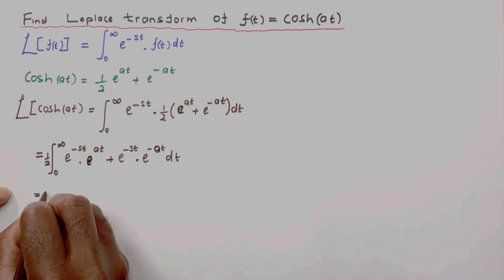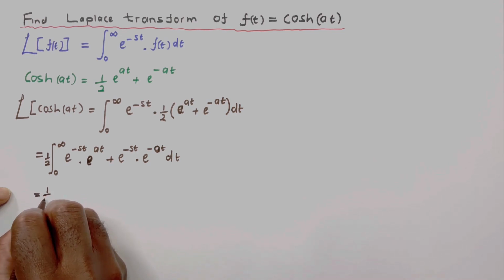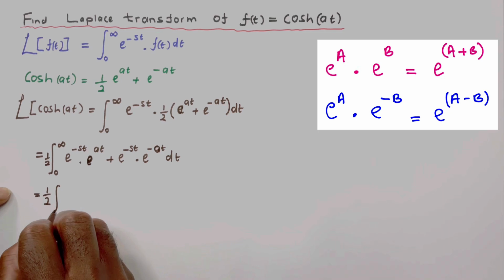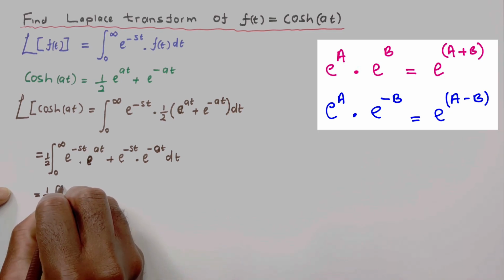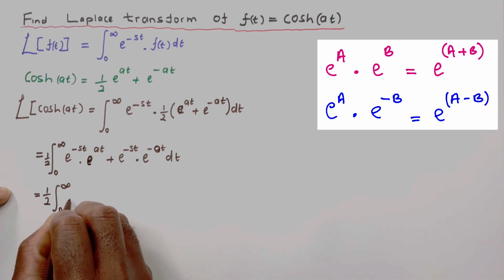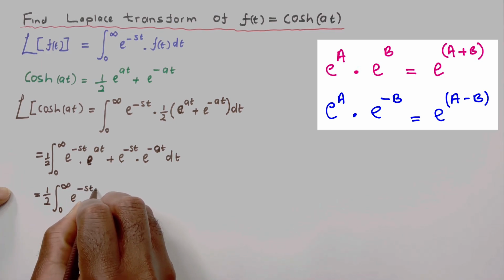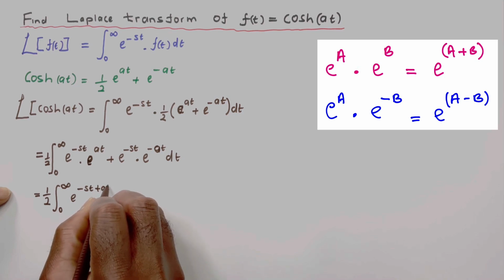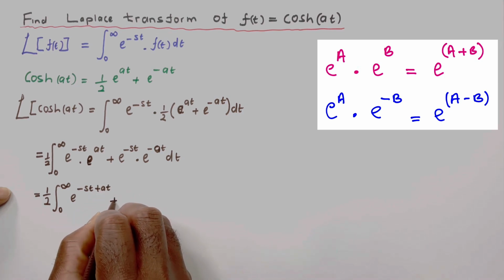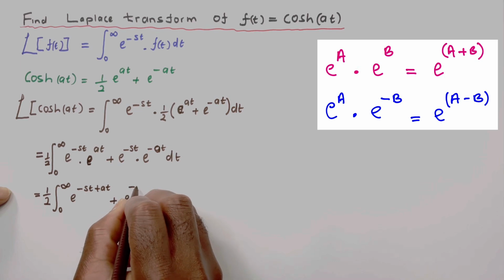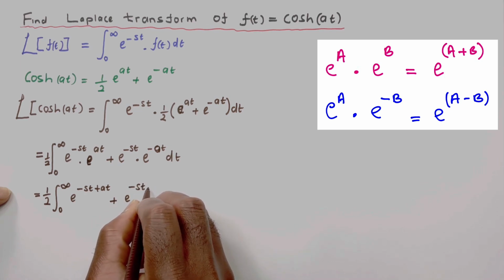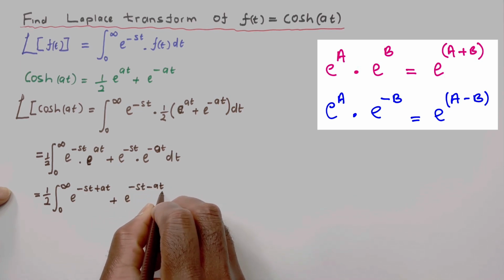And I need to write a half integral from 0 to infinity, in terms of indices form, e to the power minus st plus at. So we're adding the exponents, plus e to the power minus st minus at, dt.